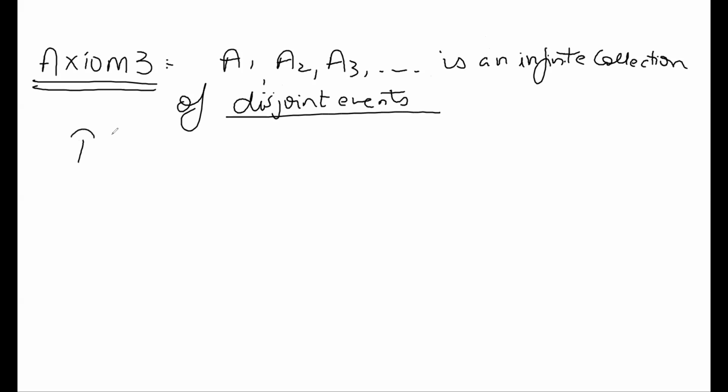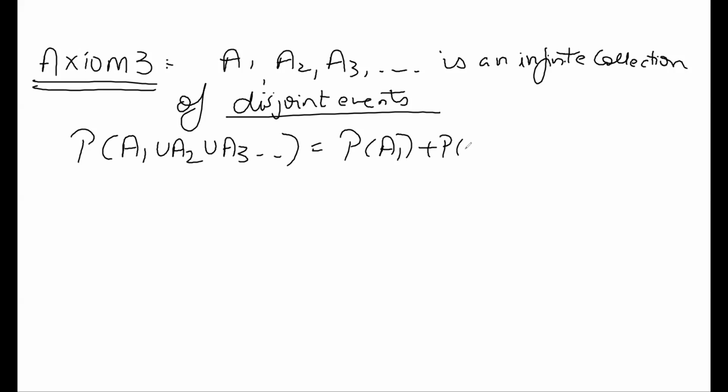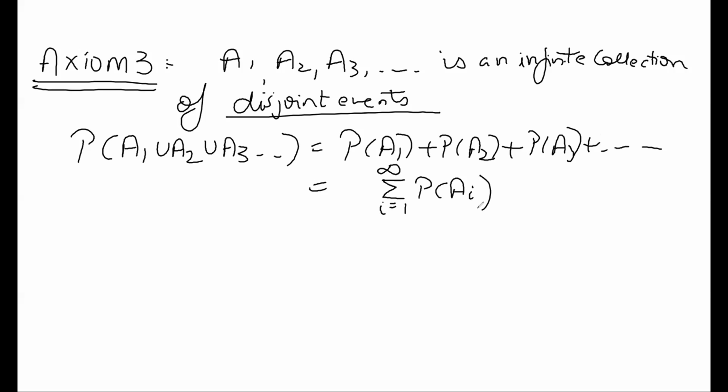Then probability of A1 union A2 union A3 union so on will be probability of A1 plus probability of A2 plus probability of A3 plus it will continue. I can write it as the summation, as i goes from 1 to infinity, of probability of Ai.